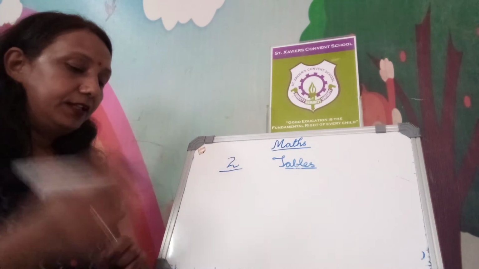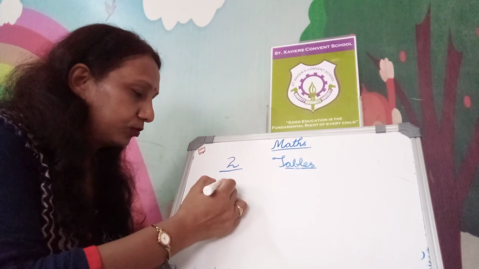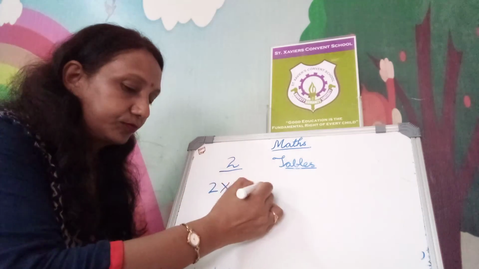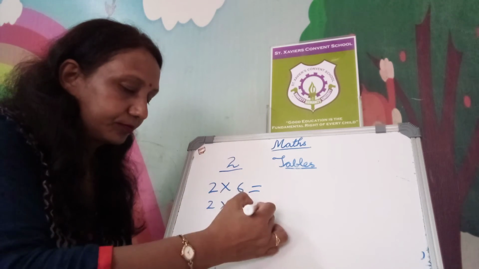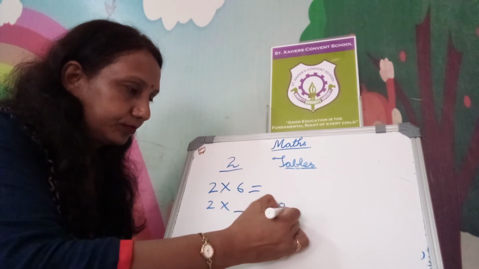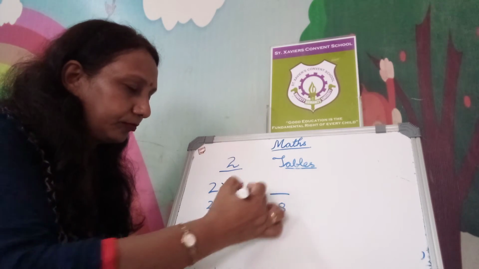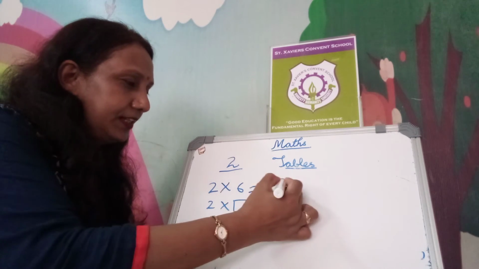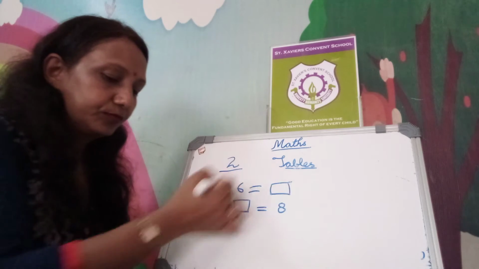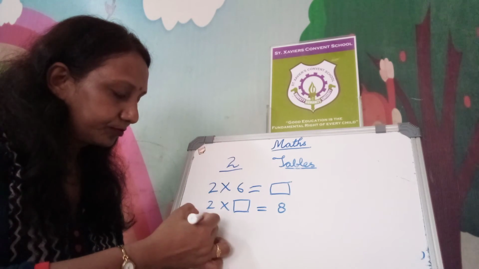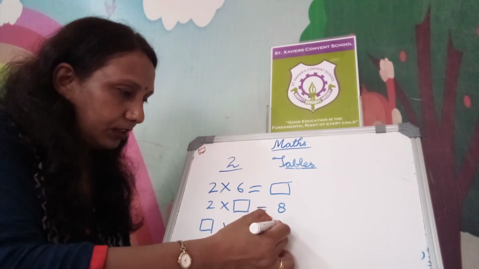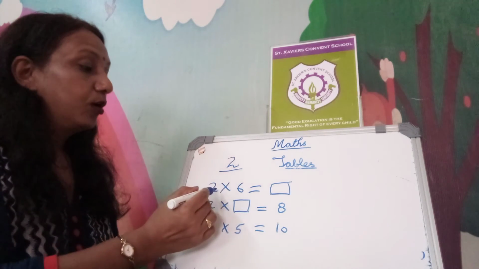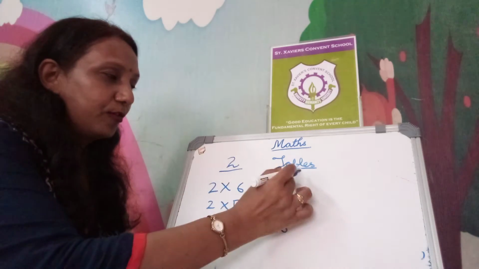Now we will do the exercises here. Open page number 6 and see the fill-ups of 2. We will fill the answer in this block. Okay. Now, tell me, 2 6s are what?